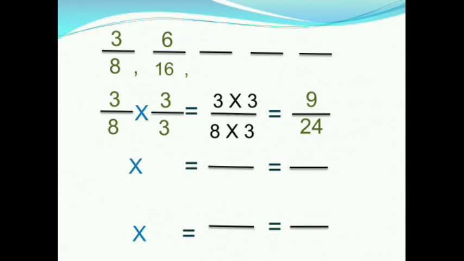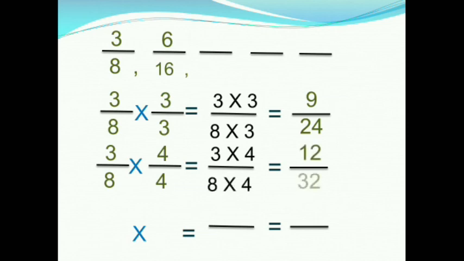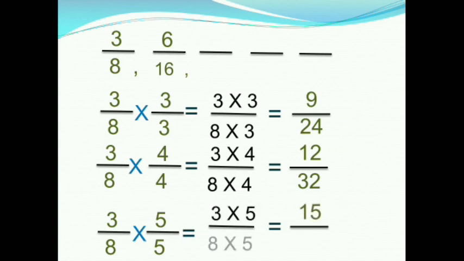Now we should find the next equivalent fraction. Now we will multiply the numerator and denominator by 4. 3 4s are 12. 8 4s are 32. The next equivalent fraction is 12 by 32. Now we will multiply by 5. 3 5s are 15. 8 5s are 40.